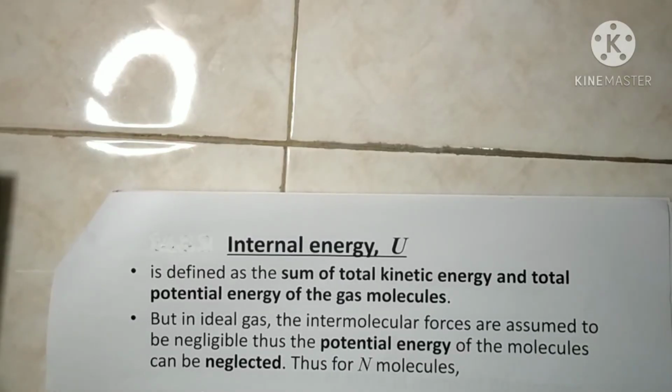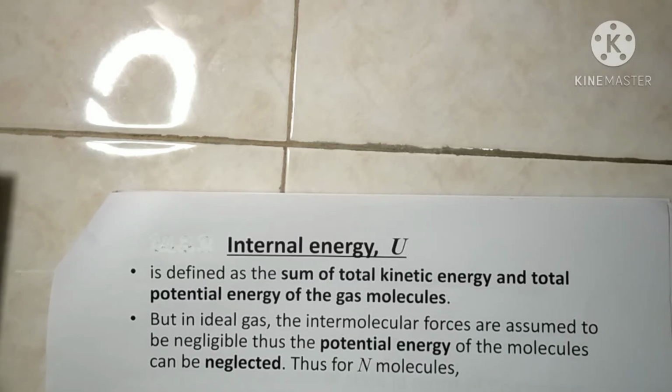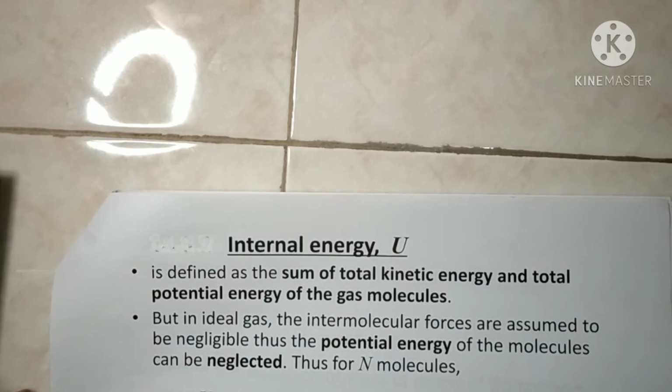Conclusively, the internal energy U is defined as the sum of total kinetic energy and total potential energy of the gas molecules. And it is crystal clear the intermolecular forces are assumed to be negligible, thus the potential energy of the molecules can be neglected.